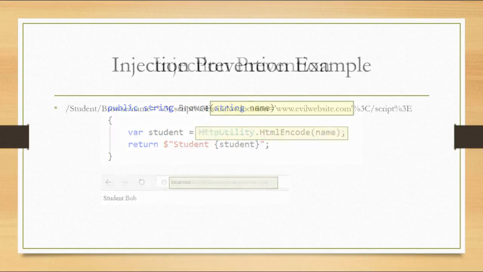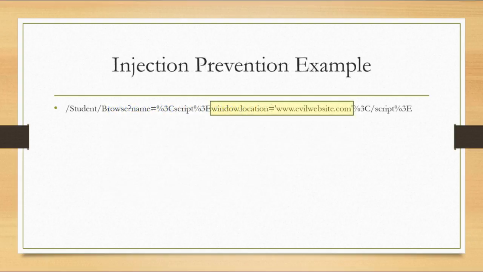All right, so let's take a look at if someone were to take our same browser here, we had name equal Bob before, and they put this code in here, which basically says relocate to this evil website and make a little JavaScript file out of it.